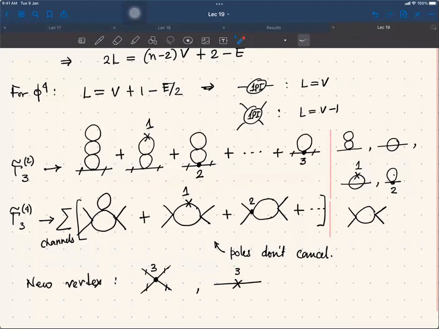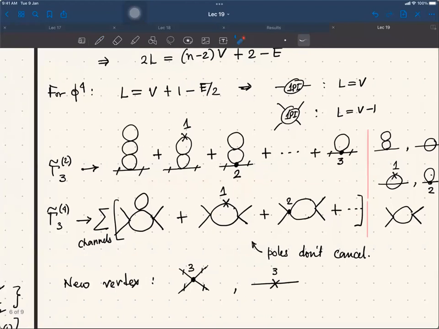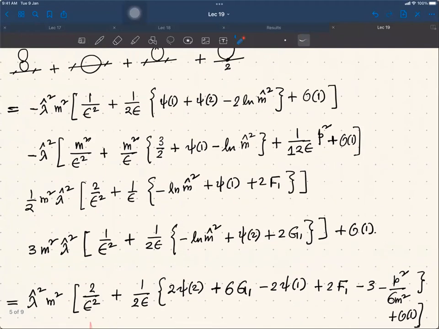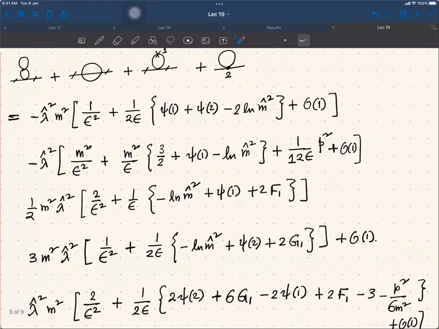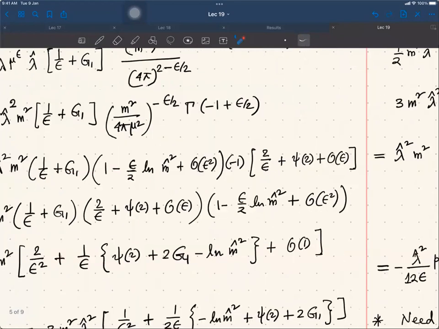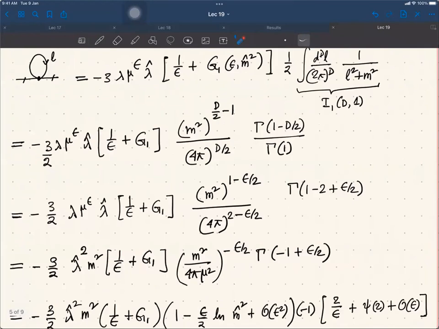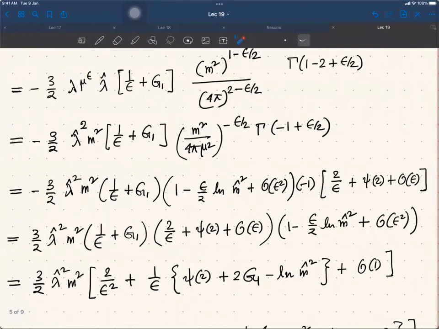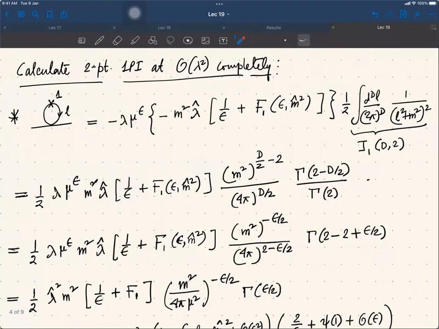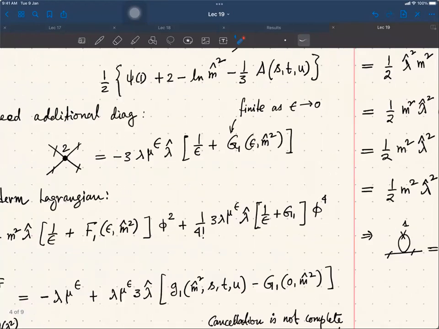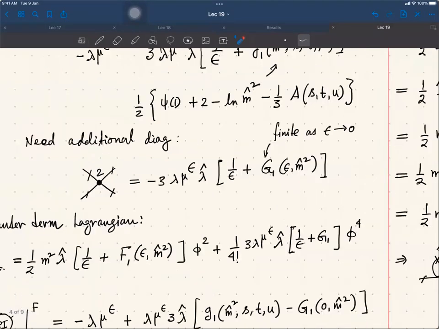So let us go back and see how log p appears. Yes, here.